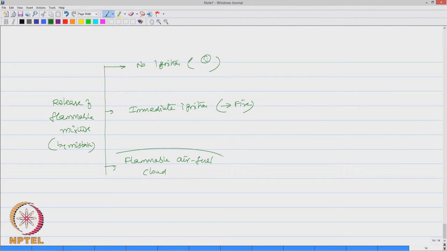This is more dangerous, because this will result in ignition, which is a delayed ignition, and this can result in further gas explosion, which can cause serious damages.